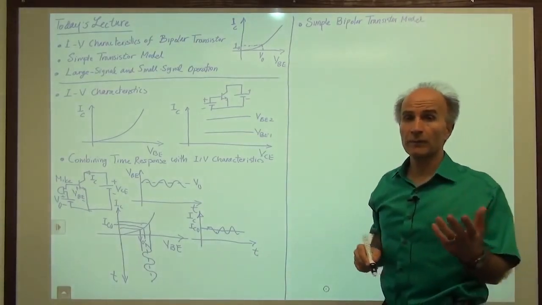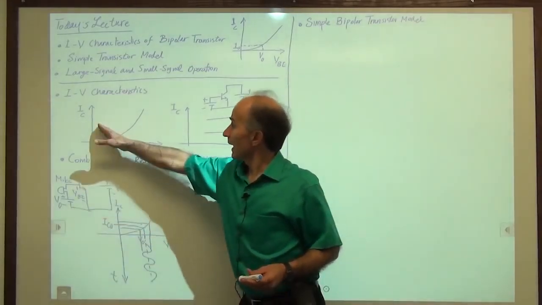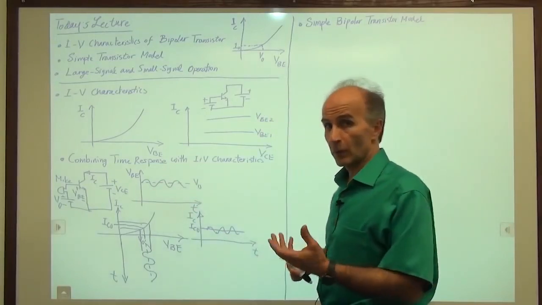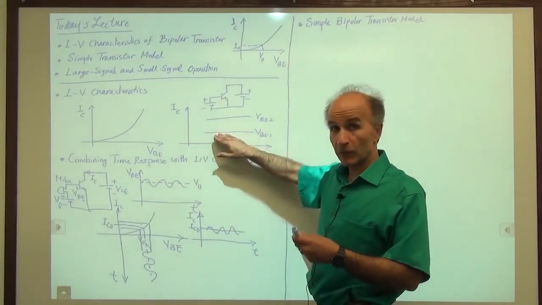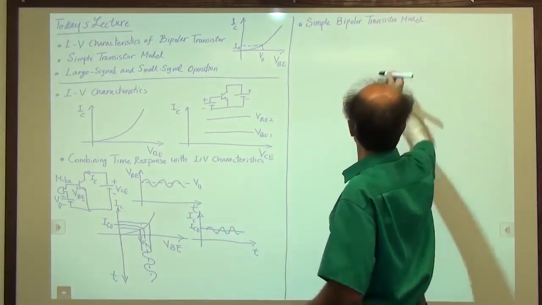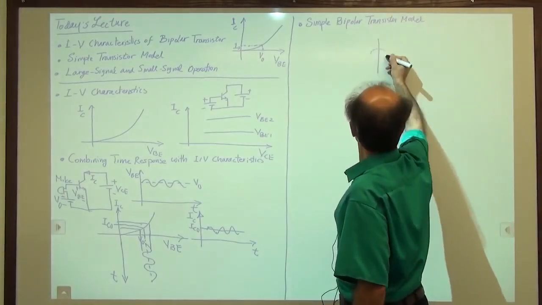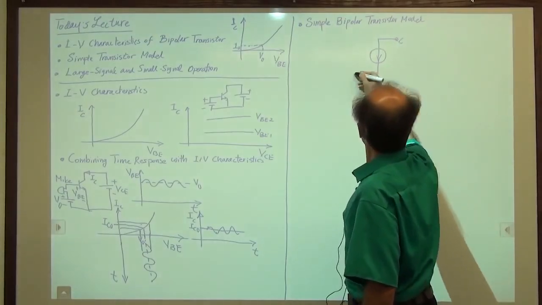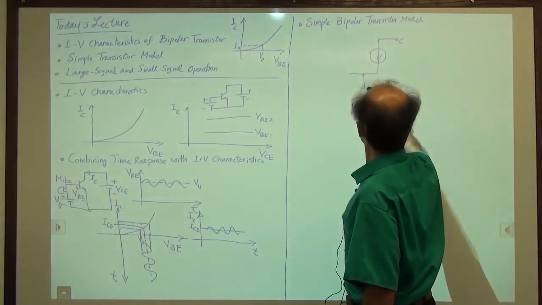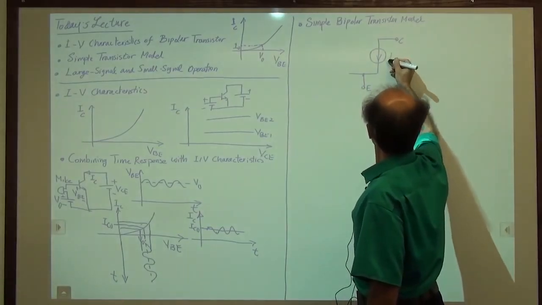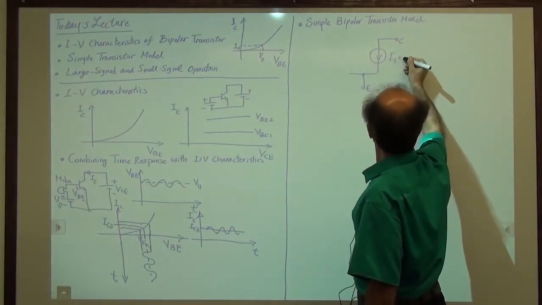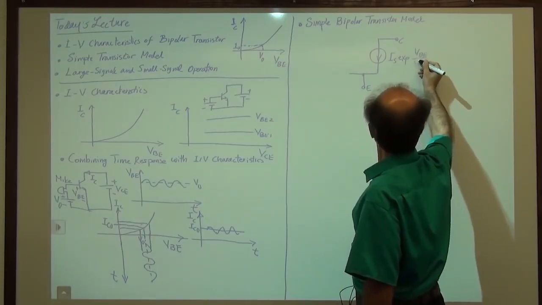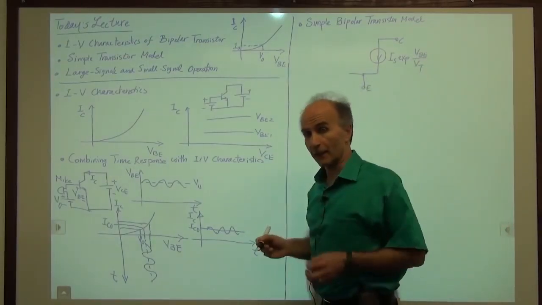Okay, well, what we do know is that the collector current as a function of the base emitter voltage is an exponential. So we decided that it's a current source and it's a voltage dependent current source. So I will draw a current source between the collector terminal and the emitter terminal, and I write it as IS exp of VBE over VT, assuming that the minus 1 is negligible.